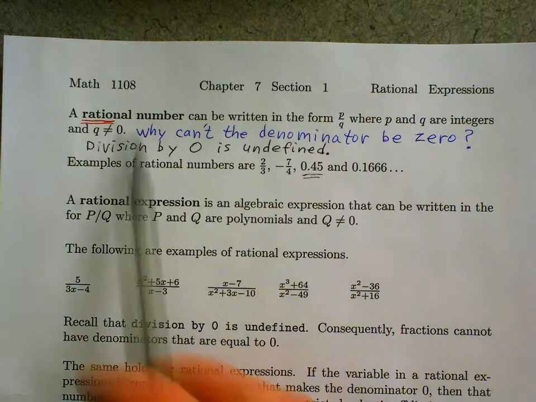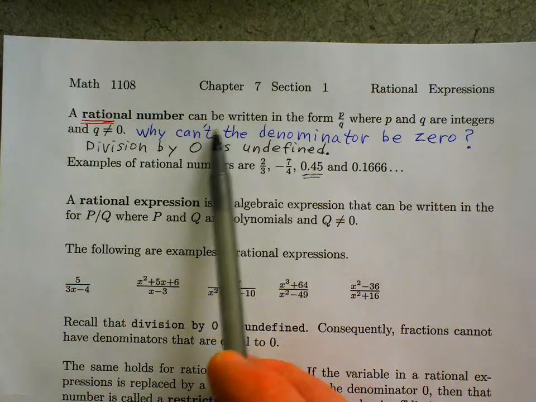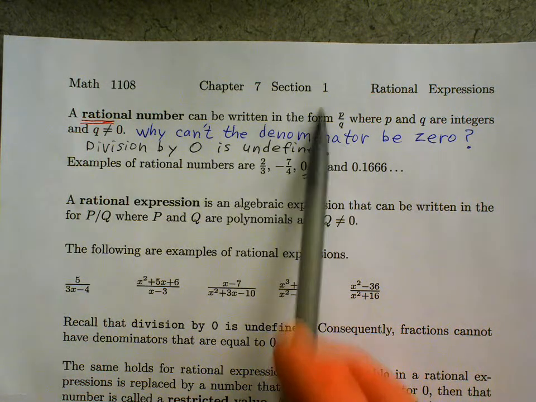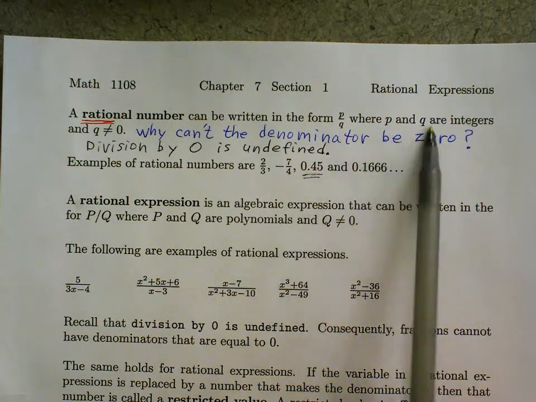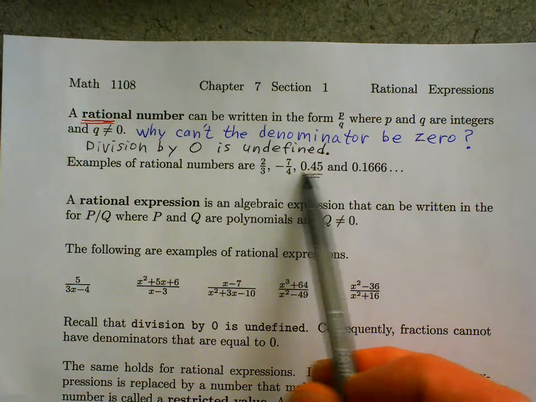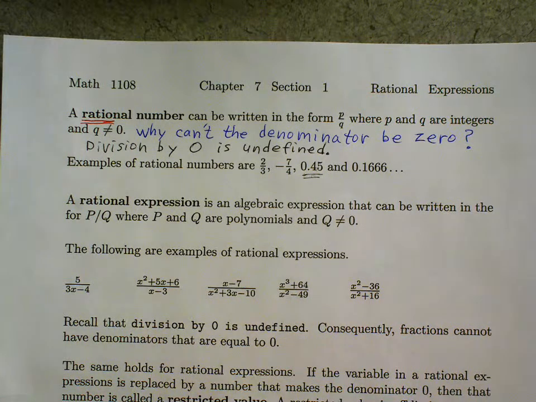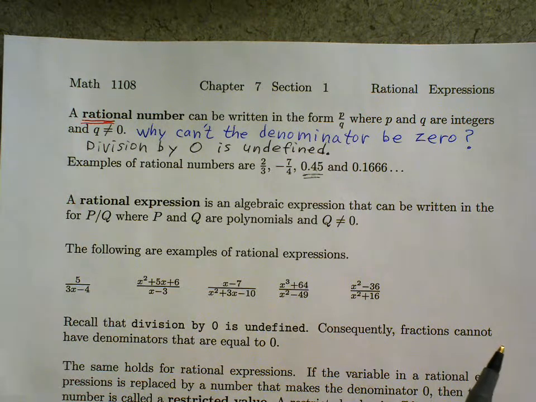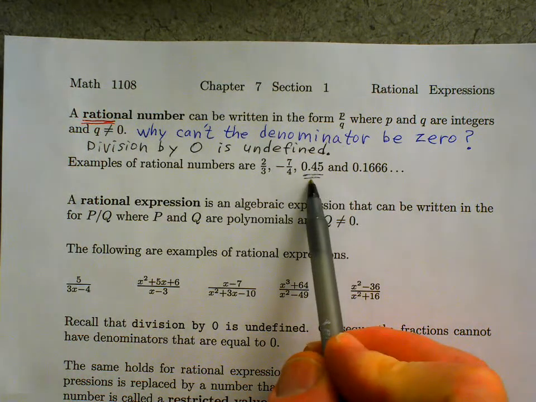The definition of a rational number is that it can be written in the form P over Q, where P and Q are integers and Q is non-zero. But 0.45 doesn't look like a ratio of two integers. Yes, it can be written as a ratio of two integers.